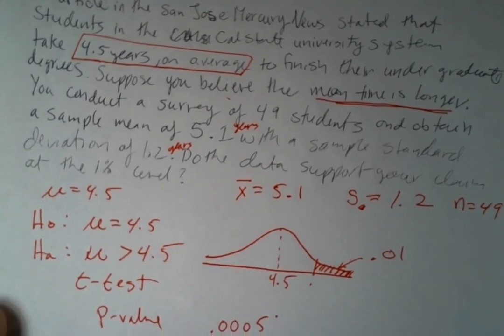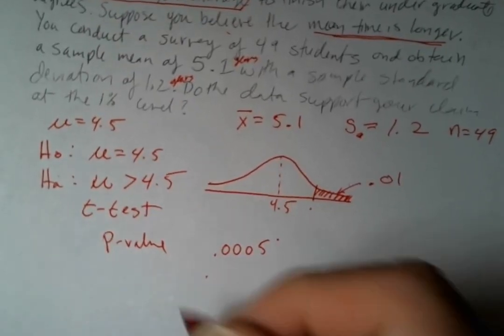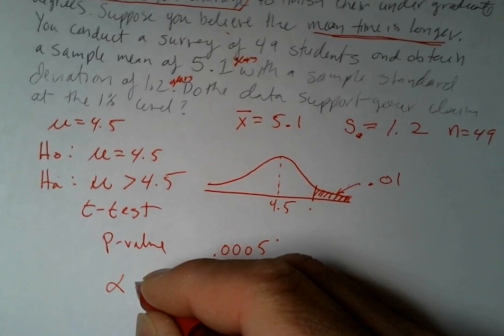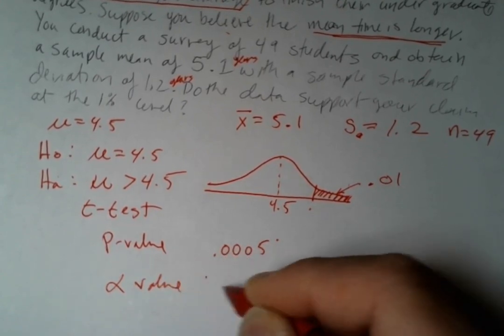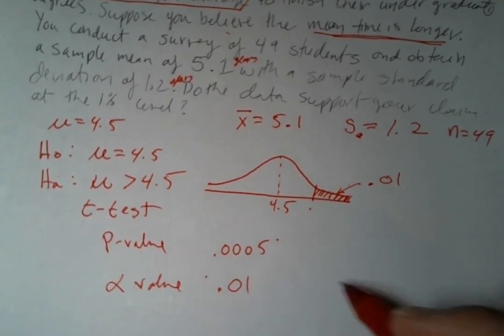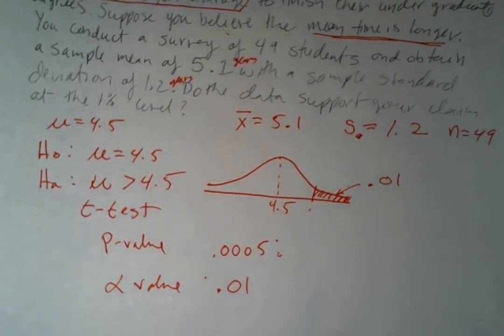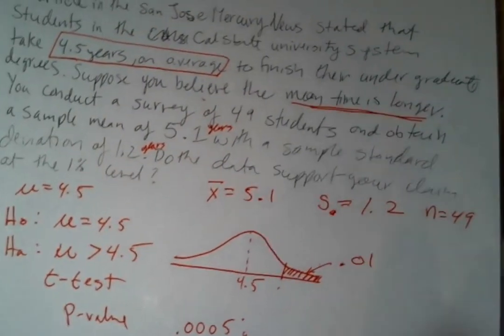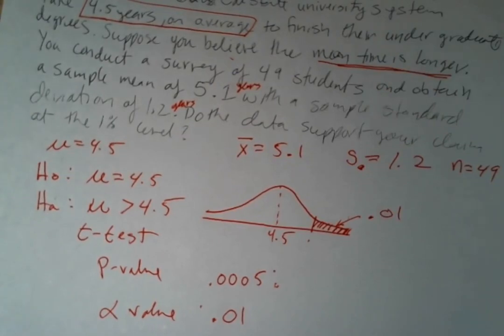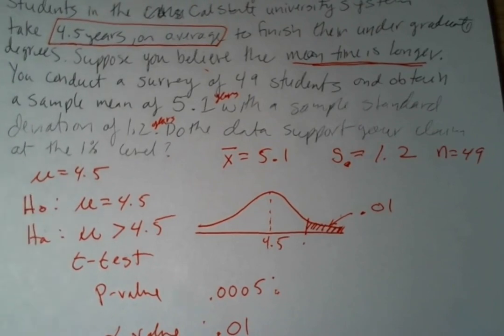I don't really lose much of what I'm aiming for by using one place value here. In reality, what I'm going to compare it to is my alpha value, my significance value, which is 0.01. And we can clearly see that the p-value is much smaller. So what that tells me is that this result of 5.1 is incredibly unlikely. It has less than a 0.5% chance of happening if the population mean was 4.5 years.